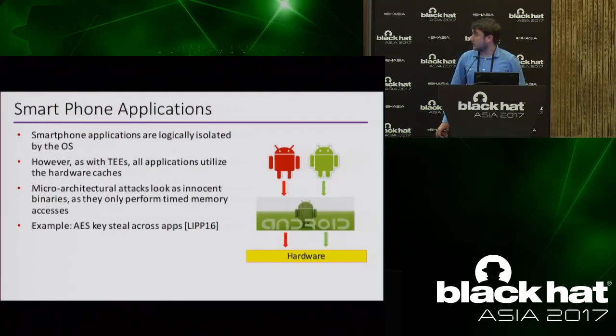Where else can we apply cache attacks? Where else can we execute things on the same hardware? For example, smartphone applications, which are supposed to be well isolated, executed in isolated environments. But again, both applications will execute on the same hardware, and therefore you can take advantage of this to perform cache attacks.